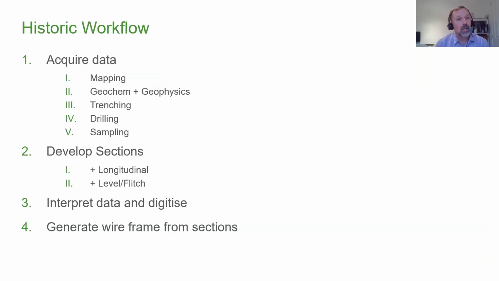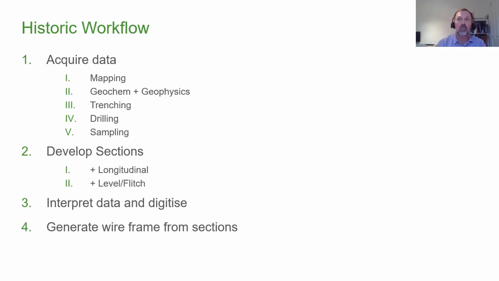So if we take a look at a historic workflow, the way that things would traditionally be done, you would acquire the data through mapping, your geochemistry, geophysics, maybe do a trenching program. You would start off with a drilling program, and then eventually, once you get up and running, underground sampling, etc., would take place. From that data, you're going to develop sections.